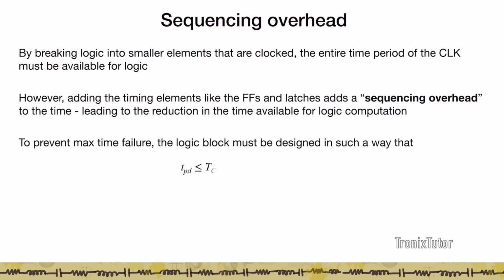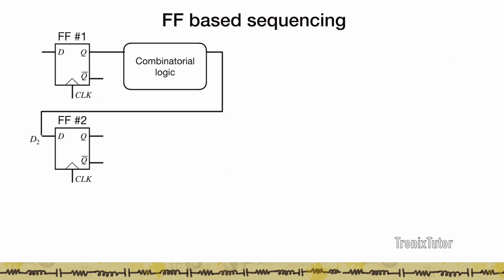And that leads to a reduction in the time available for logic computation. So in this specific case, we looked at the flip-flops. The logic block must be designed such that the maximum delay through the logic block is TC minus this, which is TPCQ plus T setup. So this TPCQ plus T setup is the sequencing overhead, or the cost of doing sequencing in this fashion.